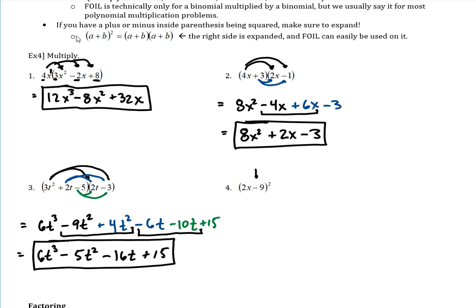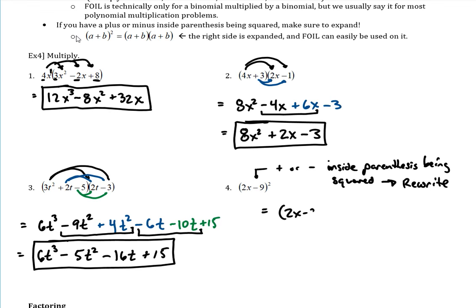So if you have parentheses like this, if there's ever a plus or minus inside parentheses being squared, what we need to do is rewrite so that we can see it in its expanded form. So the 2x minus 9 squared, that is the same thing as 2x minus 9 times itself. So 2x minus 9 times 2x minus 9.